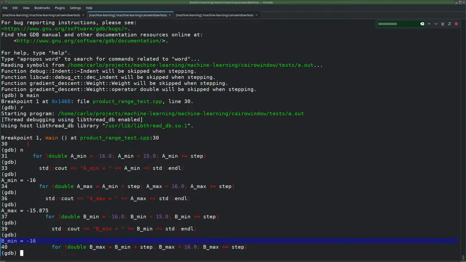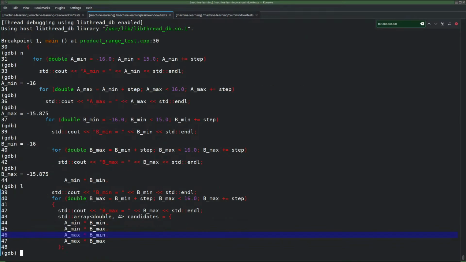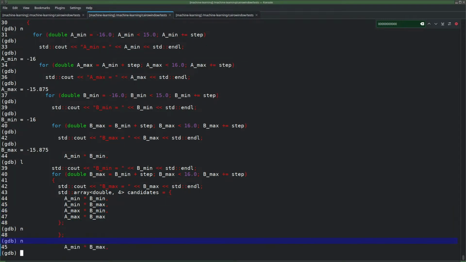B min is minus 16, B max is a step higher. Then we calculate, or what are we doing here? Yeah, calculate the 4 different possibilities: A on one side, B on the other side, min min, min max, max min, max max.